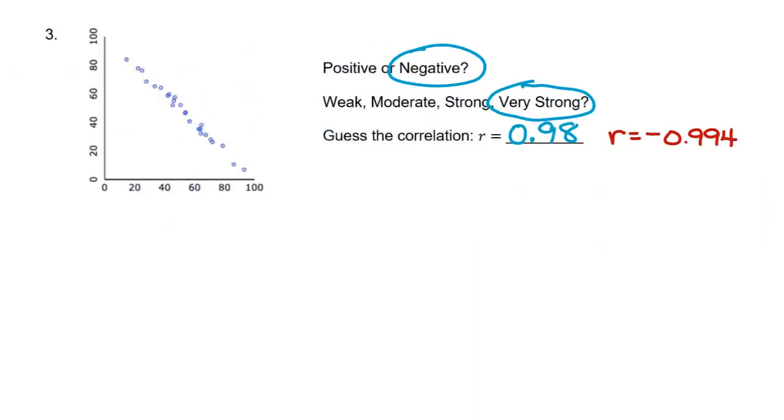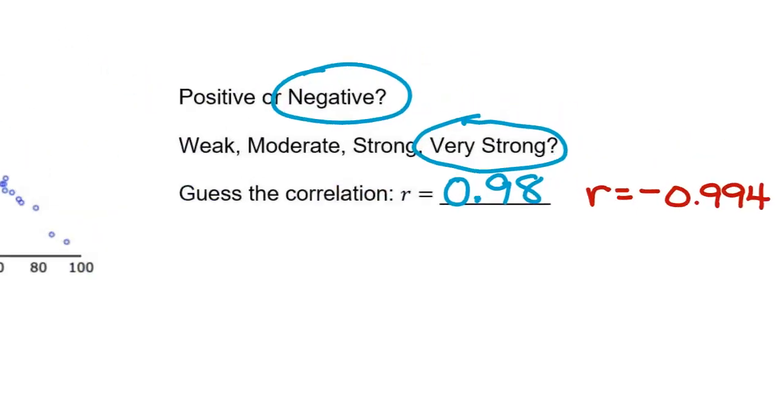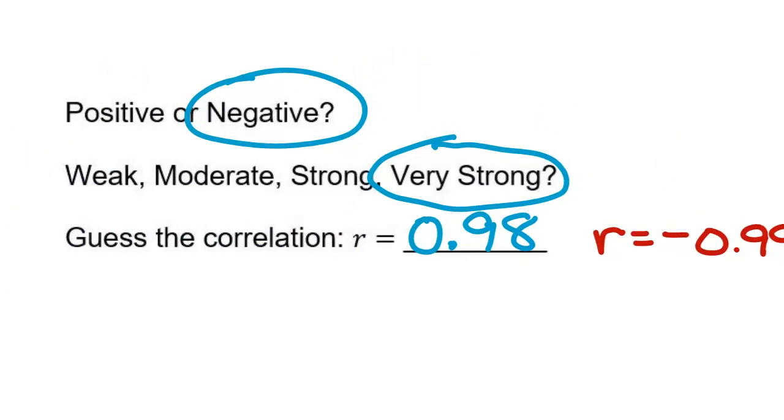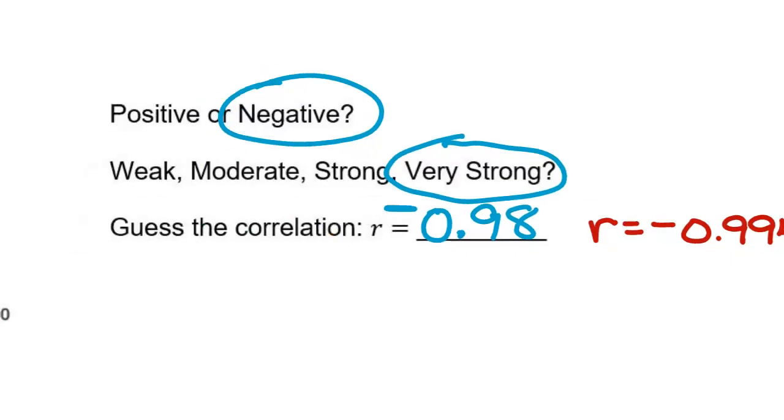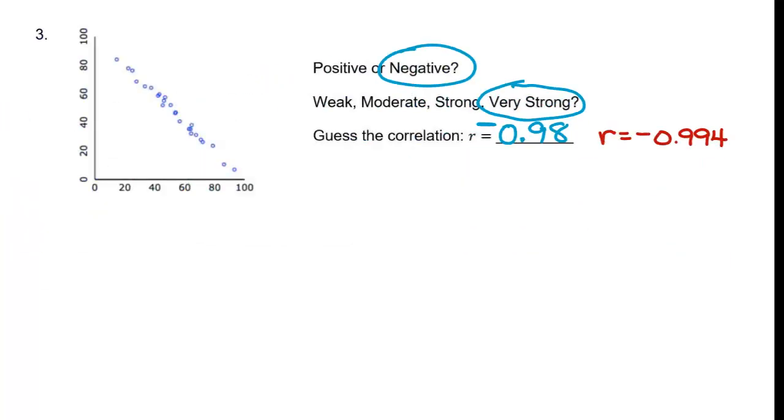The actual R value for this scatter plot is negative 0.994. Why the negative on there? Because it's going down. So negative 0.98 would be our guess. Negative 0.994 is the actual R value there. All right. Let's go ahead and flip the page over.